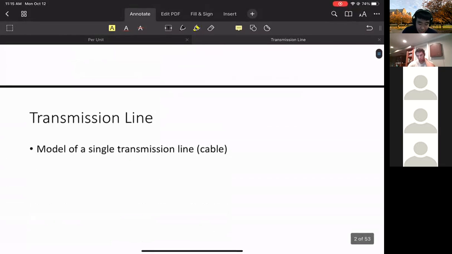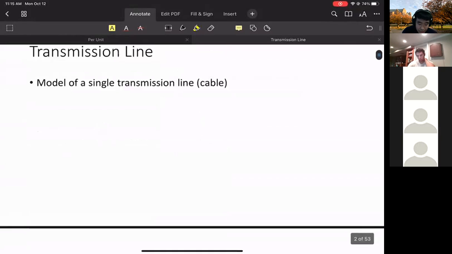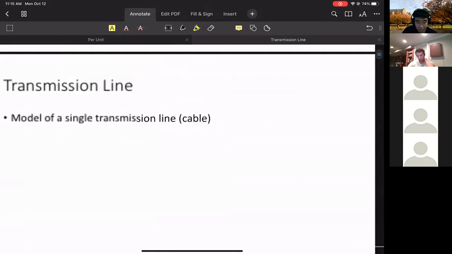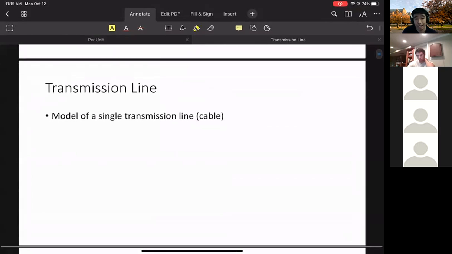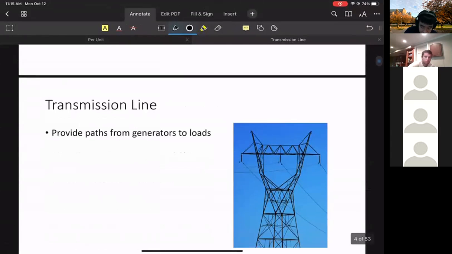So a transmission line by itself is an interesting object. There's actually a lot of electromagnetic calculation you can do with it. But what we're trying to do for this class, through the next 1.5 lectures, is this: a transmission line is an actual cable. Okay? So we look at the transmission line.